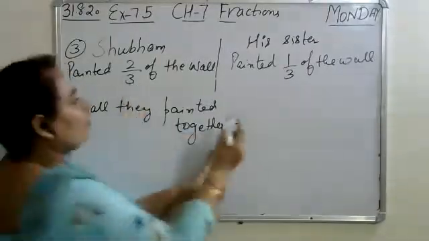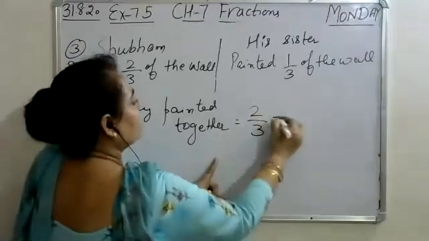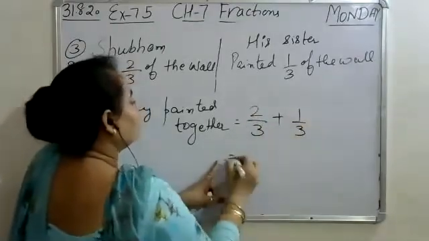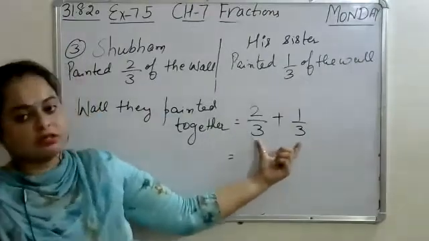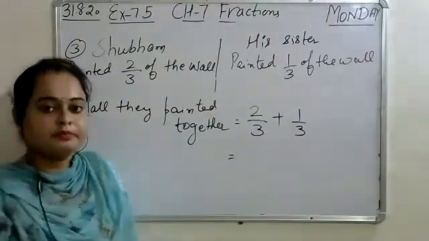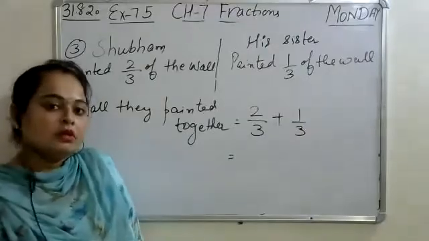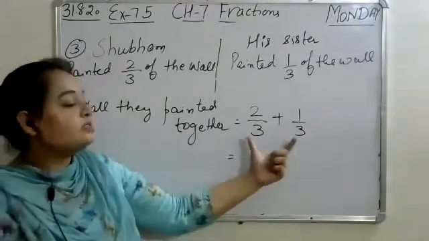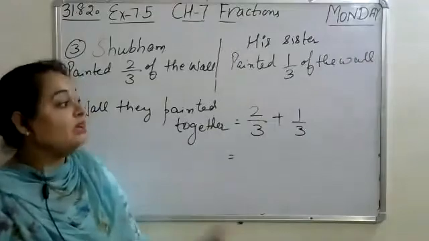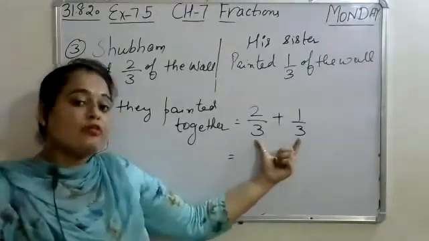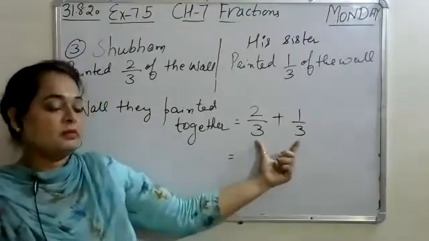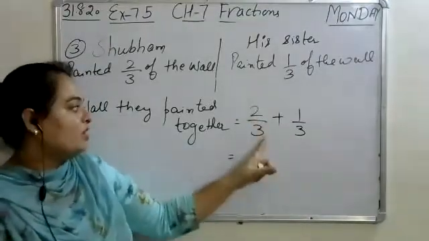So 2/3 plus 1/3. Now Devang, tell me, how can you solve this sum? What is the nature of these two fractions? First of all, tell me, these are which kind of fractions? Like fractions.